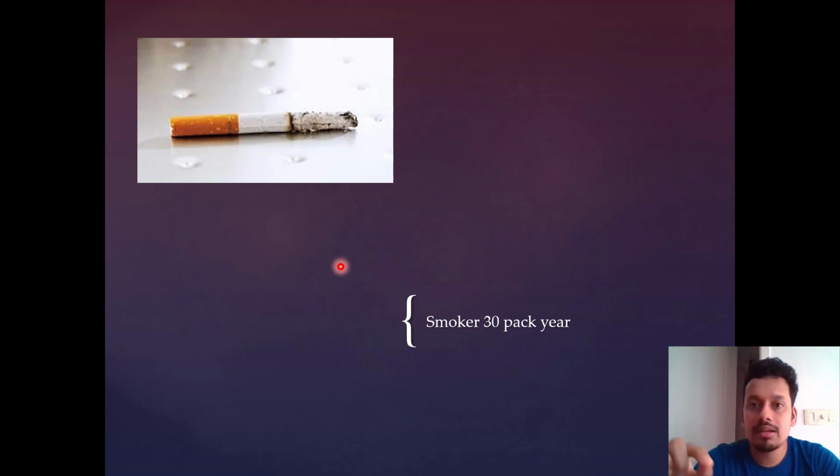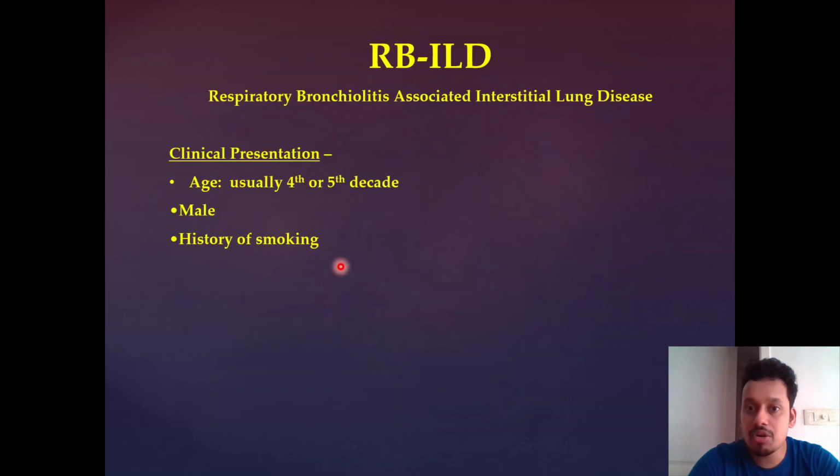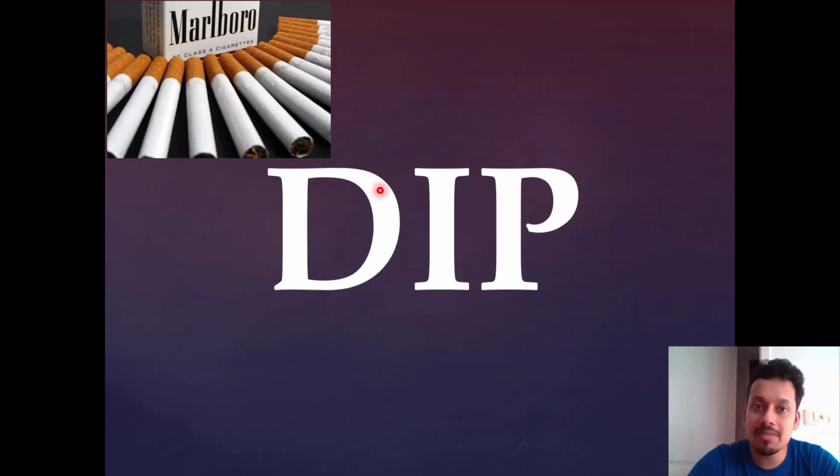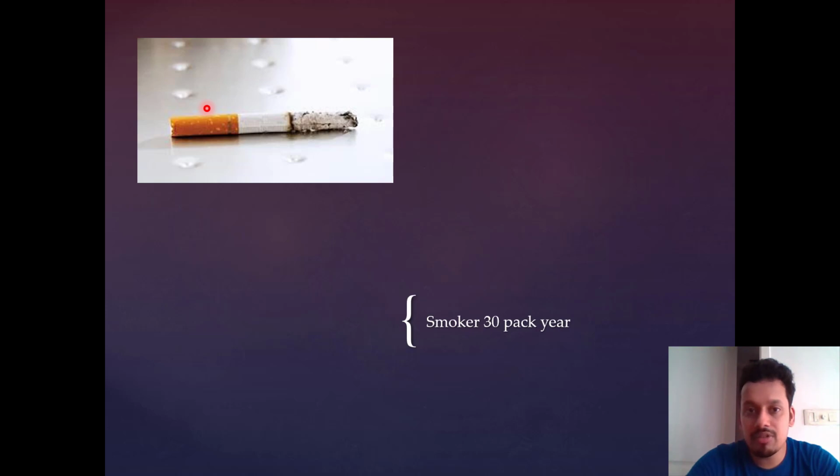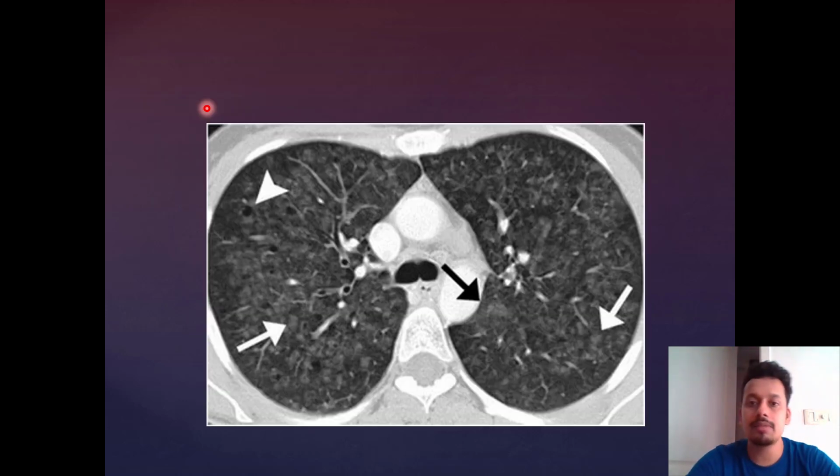If you learn that RBILD and DIP are a spectrum of the same disease, I think of RBILD as someone who has smoked in their lifetime but not much, and a person who has DIP has smoked much more than a patient with RBILD. So the clinical features and the radiological findings would be similar, but they will be much more pronounced in DIP than RBILD. So DIP is a very severe form of RBILD.